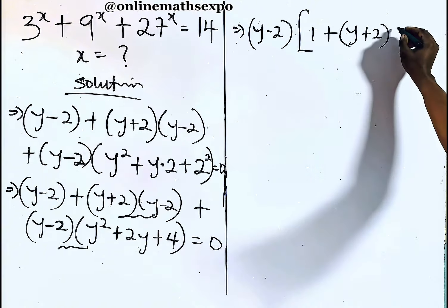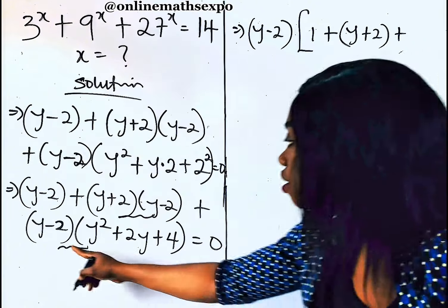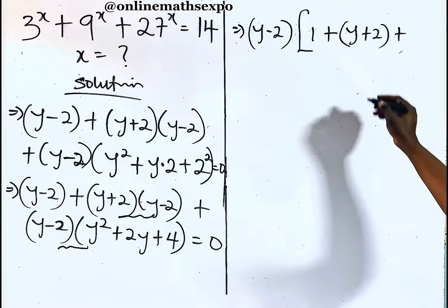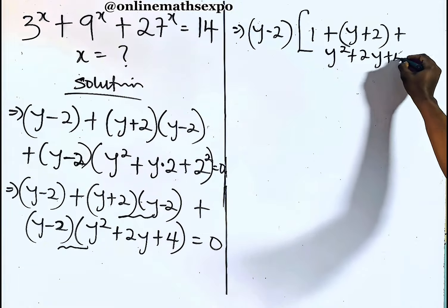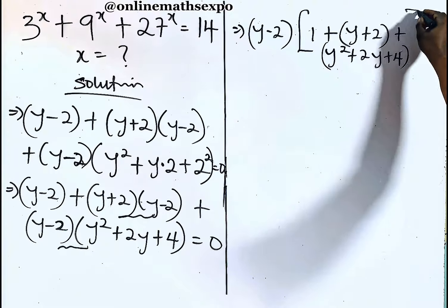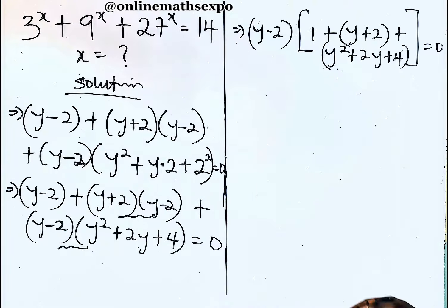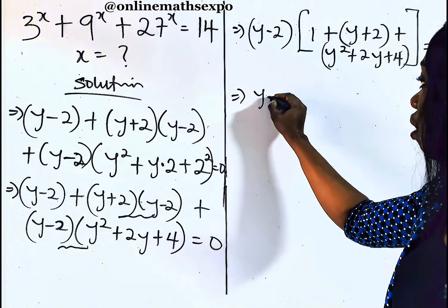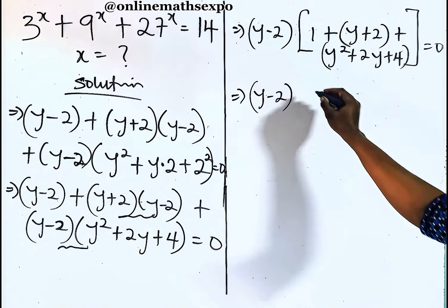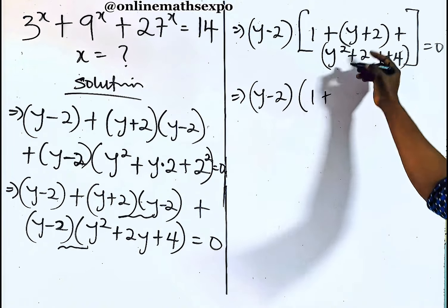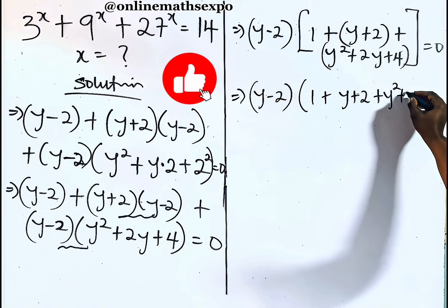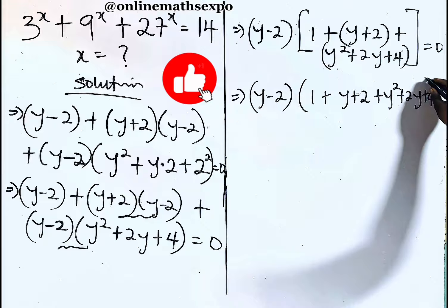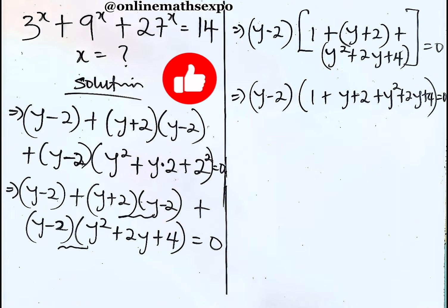Then plus, when this divides this, we are left with y squared plus 2y plus 4, and everything is equal to 0. So simplify, we have y minus 2 into 1 plus, open up the bracket, y plus 2 plus y squared plus 2y plus 4 is equal to 0.